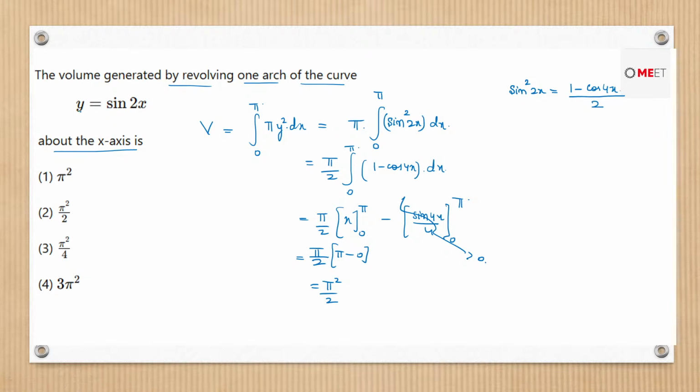So the trick is, let's say if y is equal to sine of nx, then the volume generated by revolving this arch will be equal to v is equal to pi square by 2 times of n.